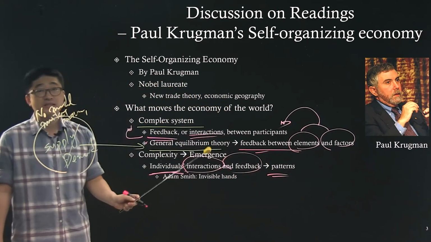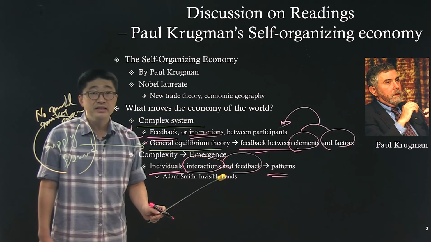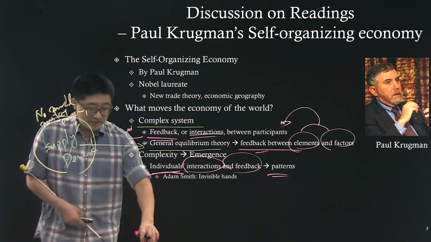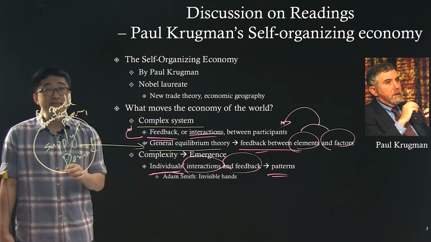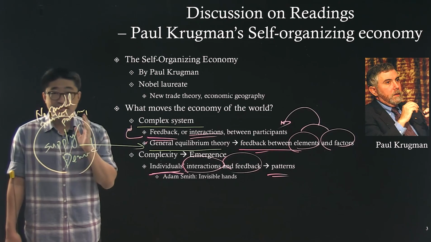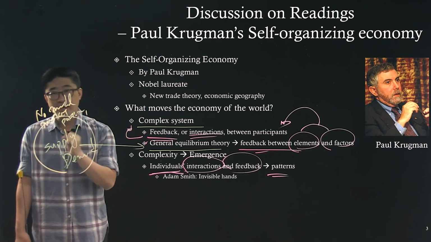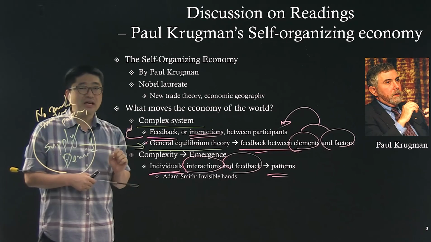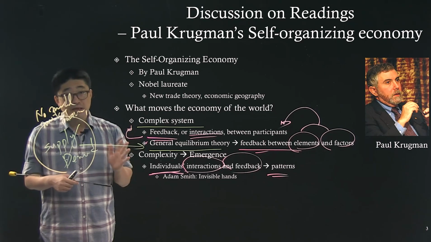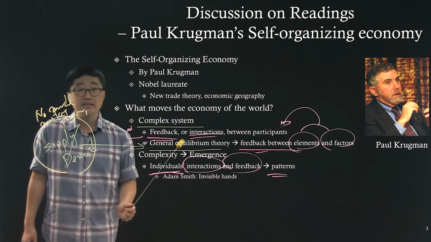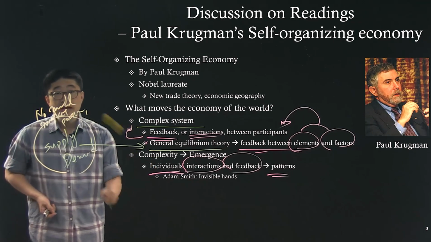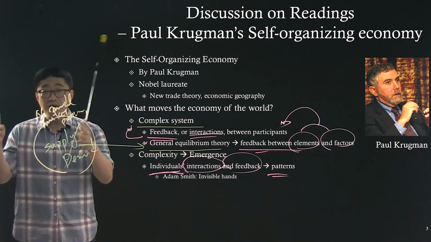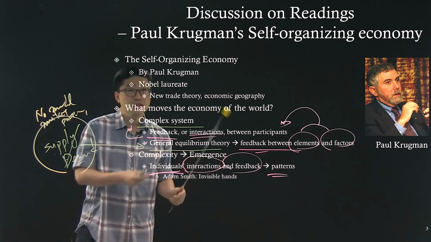And Adam Smith mentioned this as an invisible hand, right? However, this invisible hand was not dominated by a single entity or government or bank or rich people. It's not like that, but rather the invisible hand is governed by many of these individuals, particularly their interactions. That's the complexity turning into the emergence.